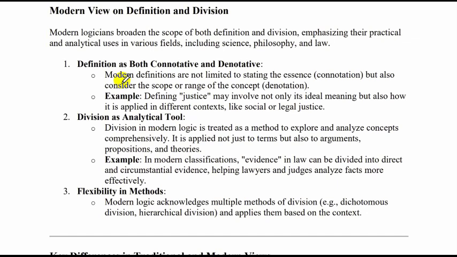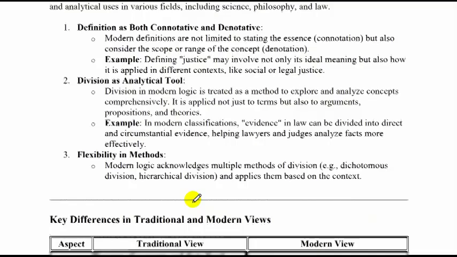Example, in modern classification, evidence in law can be divided into direct and circumstantial evidence, and further evidences which we saw earlier, like primary evidence, secondary evidence, documentary evidence, physical evidence, verbal evidence, helping lawyers and judges analyze facts more effectively. Flexibility in methods. Modern logic acknowledges multiple methods of division, dichotomous division, hierarchical division, and applies them based on context.